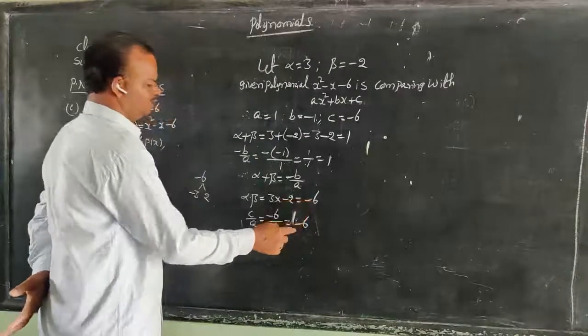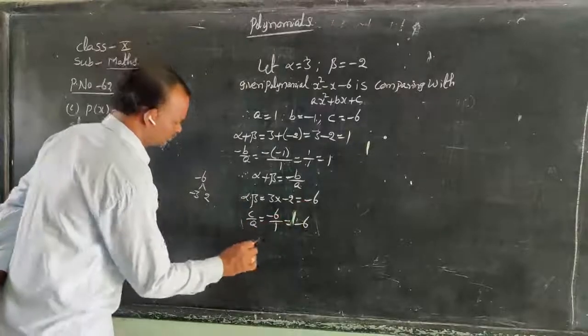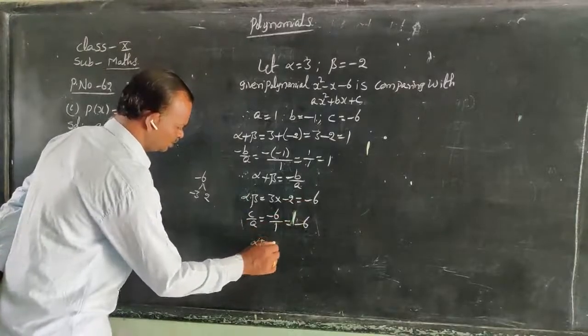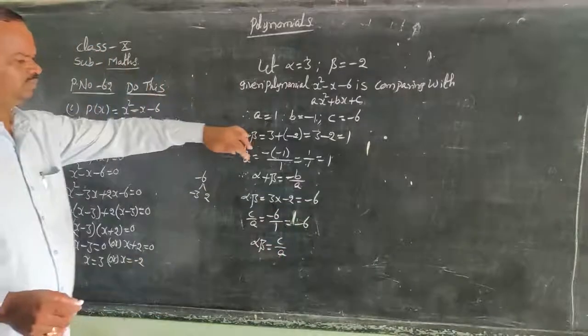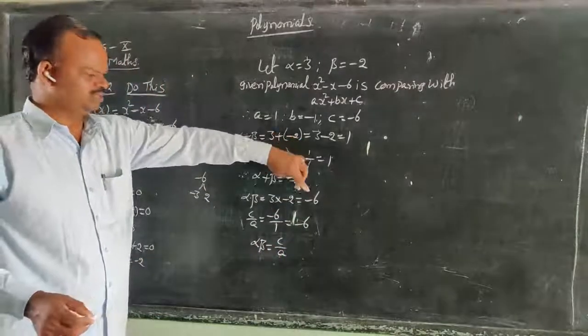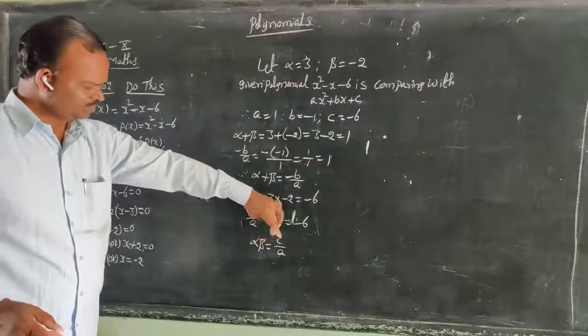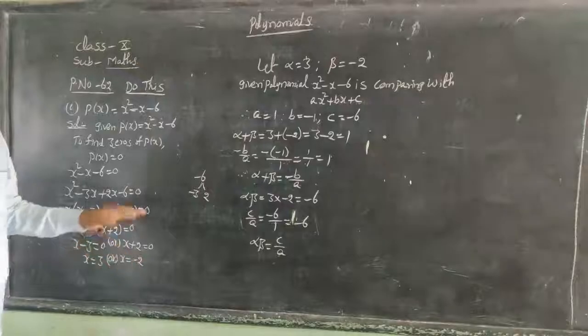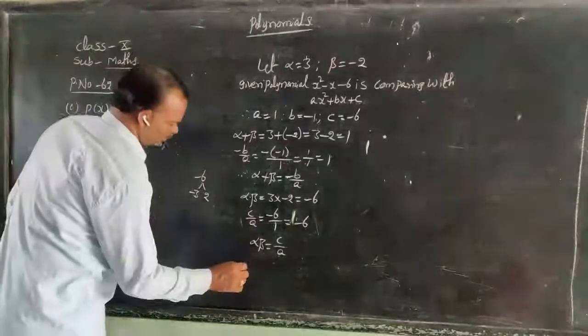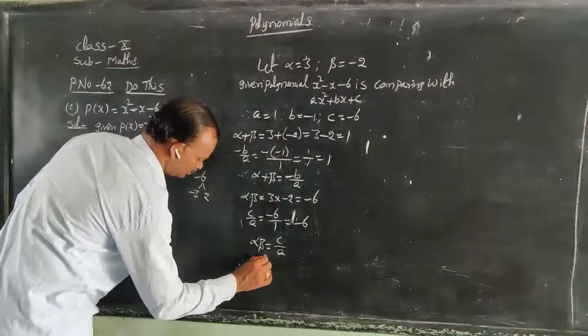So minus 6 and minus 6, these two values are equal. Alpha into beta is equal to c by a. So the sum of the zeros, alpha plus beta, is equal to minus b by a, and the product of the zeros is c by a. Hence the relationship holds. Therefore, it is verified.